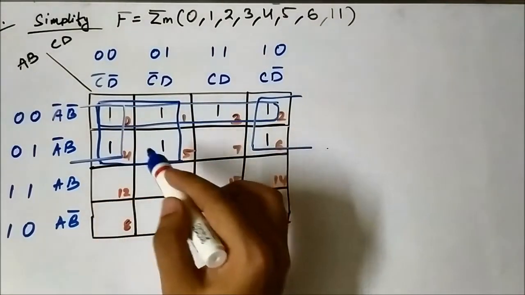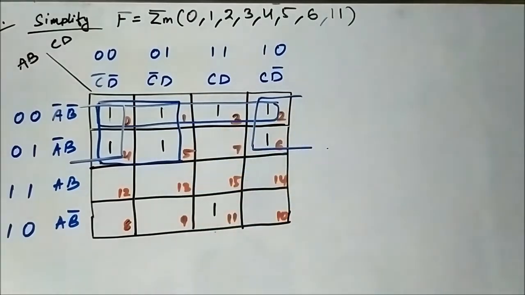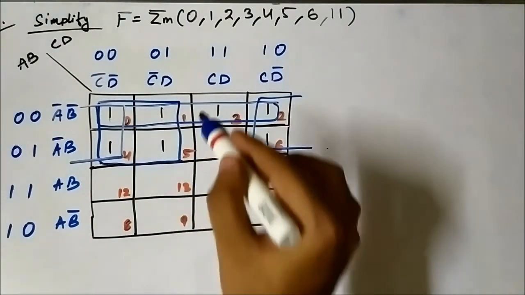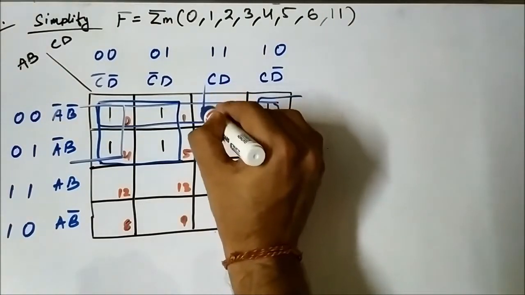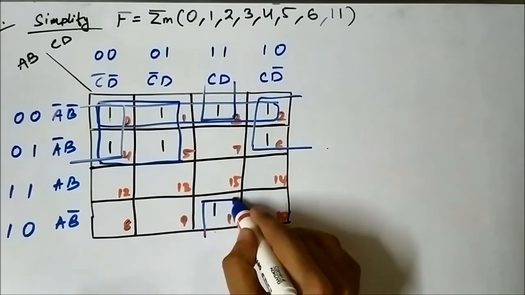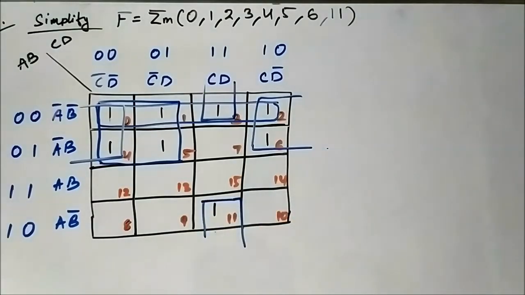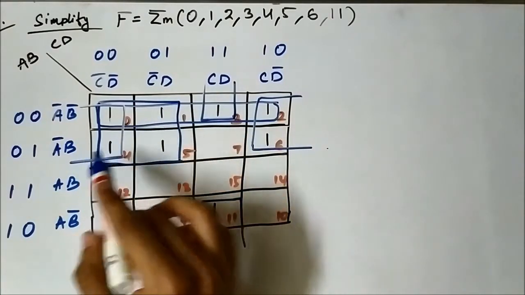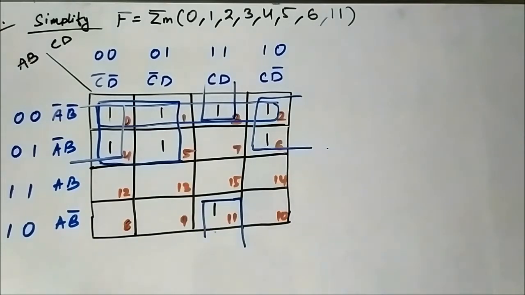So until now 3 quads are formed and only this marked cell is left behind, so we can form a pair involving this cell and this cell, cell number 3 and cell number 11. Okay, so here we have 4 groups.